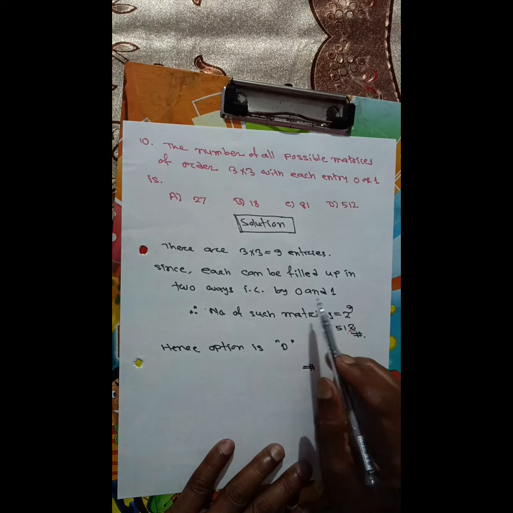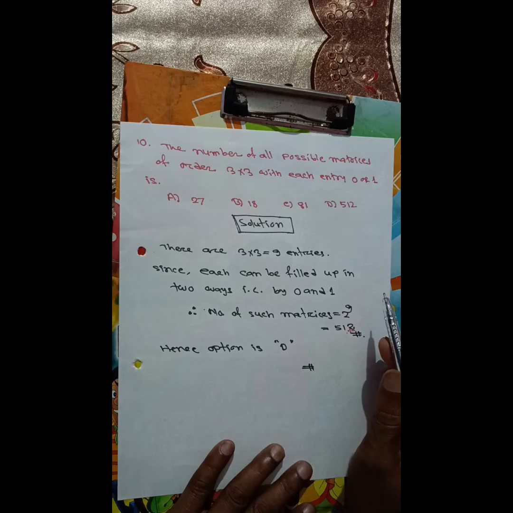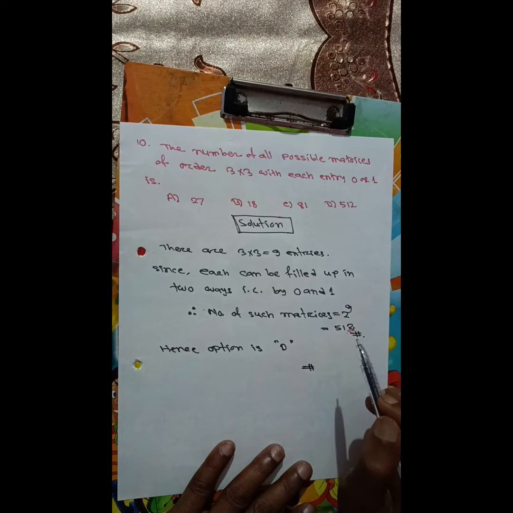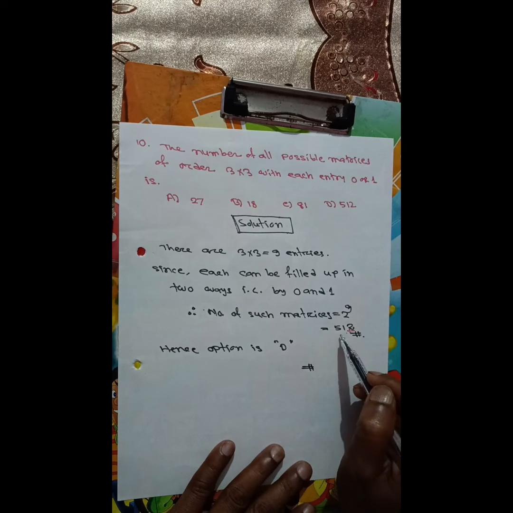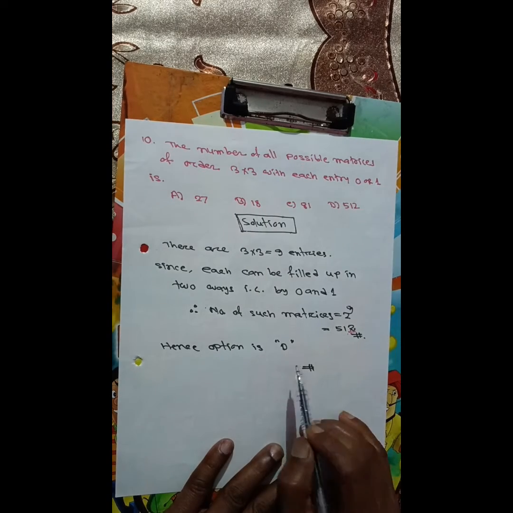Each place is replaced in 2 ways. How many places are there? 9 places. So 2 to the power 9 is the required answer, which gives 512. That means the option is D.